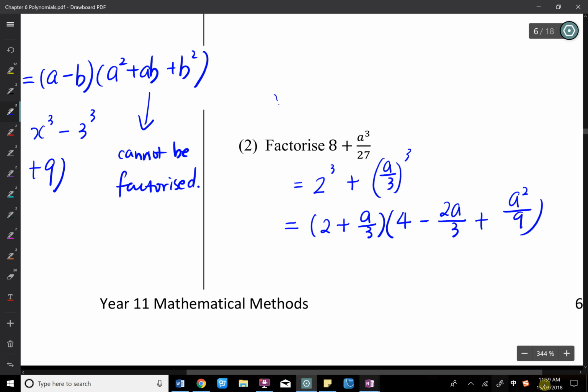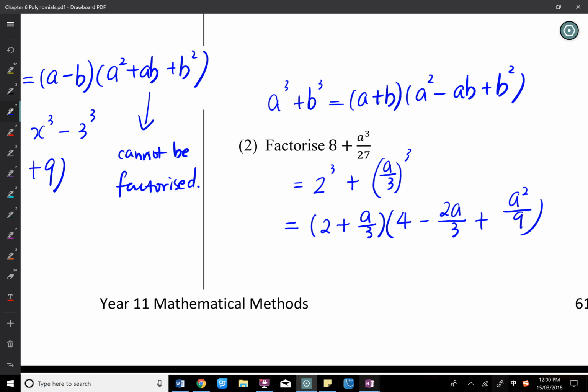The formula is a cubed plus b cubed equals a plus b, a squared minus ab, and then plus b squared. It's just a formula thing, okay? There's no why, you just use the formula.